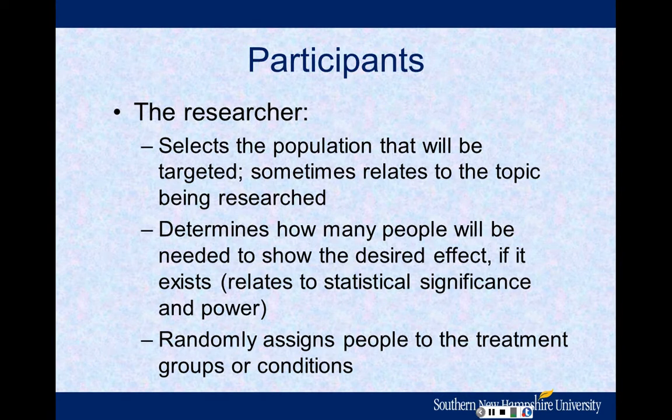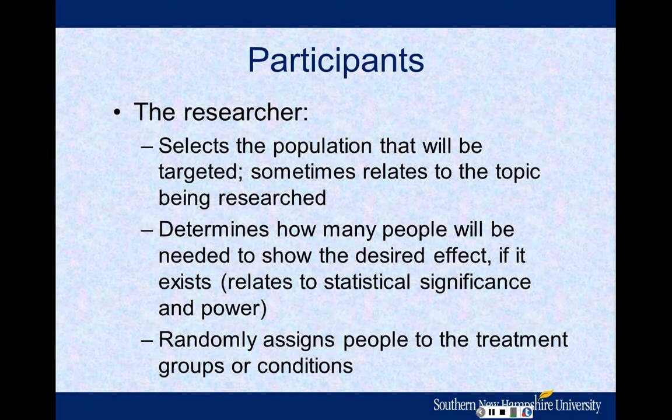The researcher also determines how many people will be needed to show the desired effect, if it actually does exist. And so this relates back to the statistical significance and statistical power lectures way at the beginning of the course. So how many people will it take to see the effect if it does exist?